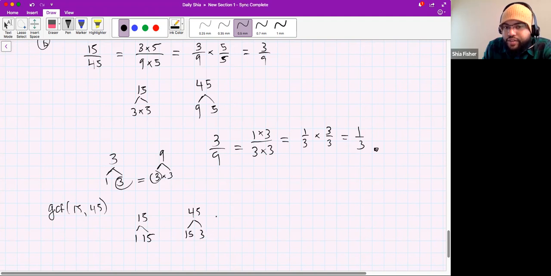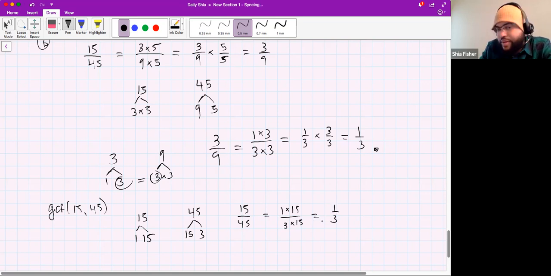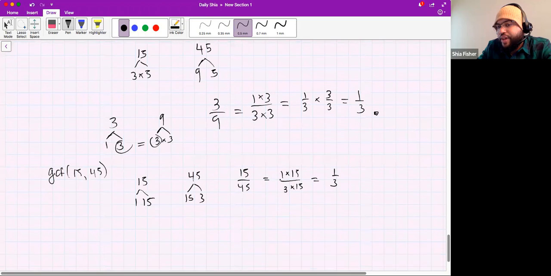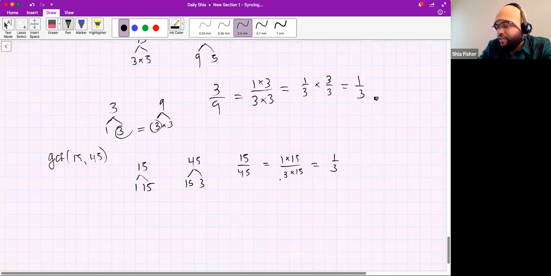And the rest actually follows as above. We could have looked at 15 over 45 as 1 times 15 over 3 times 15, and found the same answer sort of in one step. But if you're taking a test, sometimes you do the extra step because that's what you're comfortable with. And it makes sense when you see it that way.